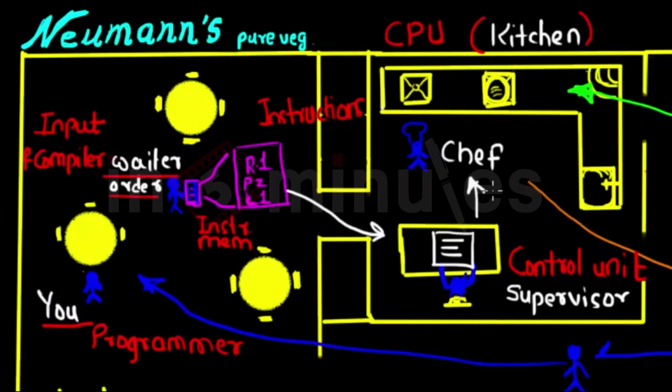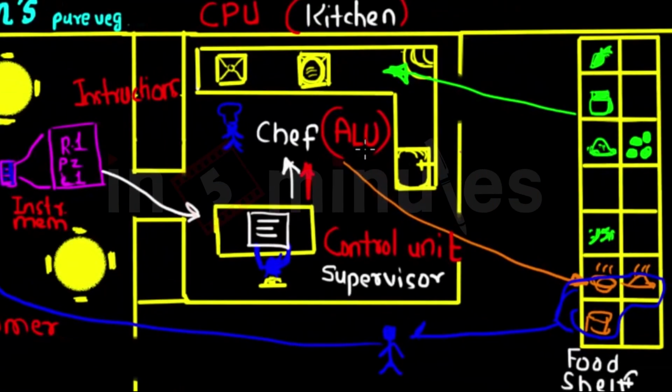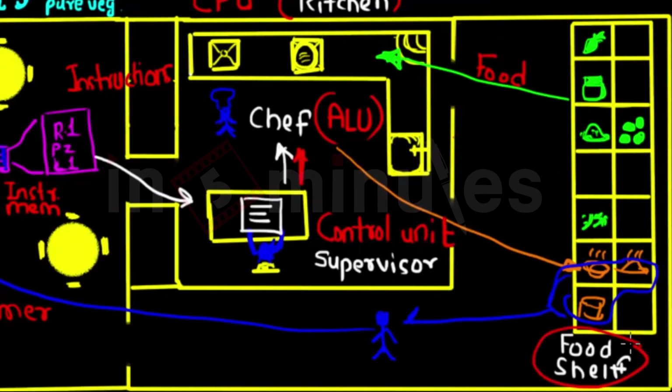In this case, this is the chef. Chef is nothing but the ALU, who is actually performing the operations on data. The data, in this analogy, we mean food or food ingredients. So basically the food shelf is here nothing but data memory.